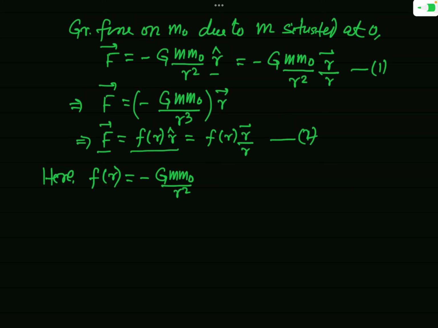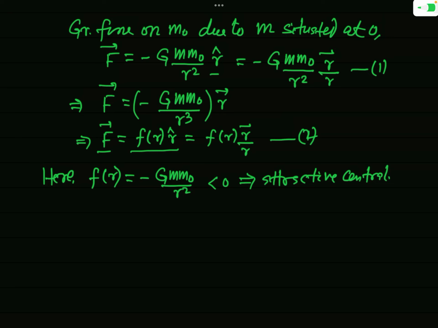At the same time, you can see that this F of r is negative, that is, this is less than 0, and if it is less than 0, you can say that the gravitational force is an attractive central force. I hope you have understood how we can say that gravitational force is a central force, and particularly an attractive central force.